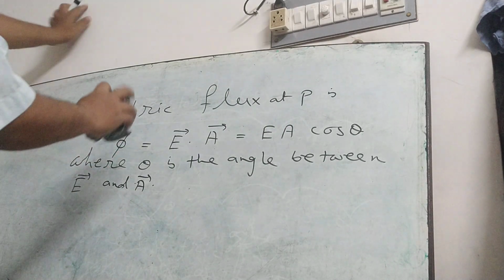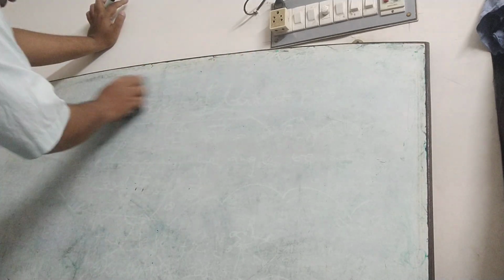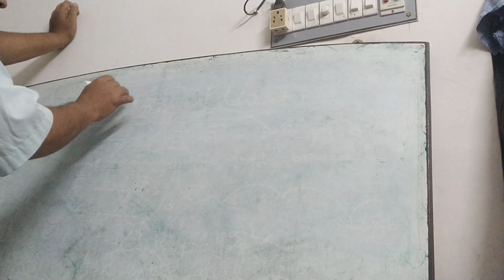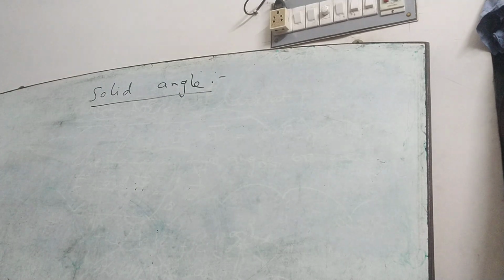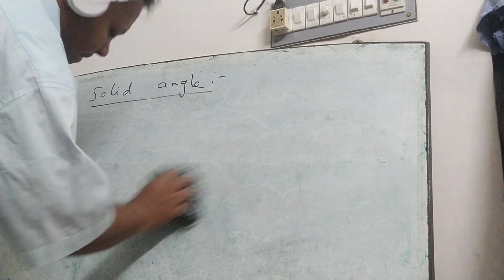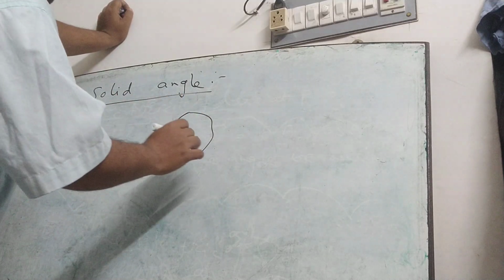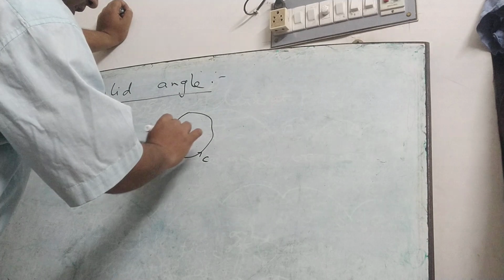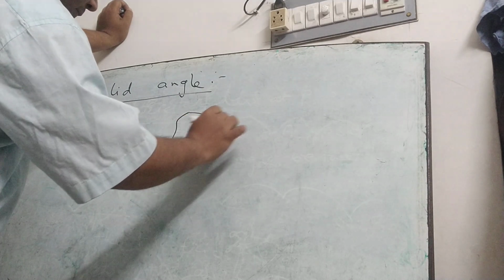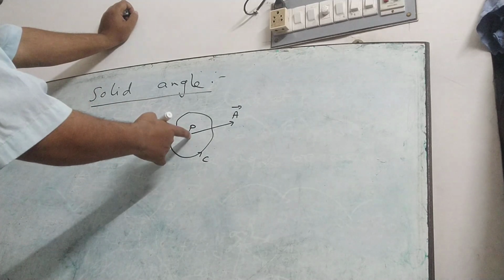Now, I am going to define solid angle. It's a very new concept for you. Solid angle. What is solid angle? Let us consider a surface closed by the boundary C, whose area is capital A. That is, its area vector is A. P is a midpoint of the area.